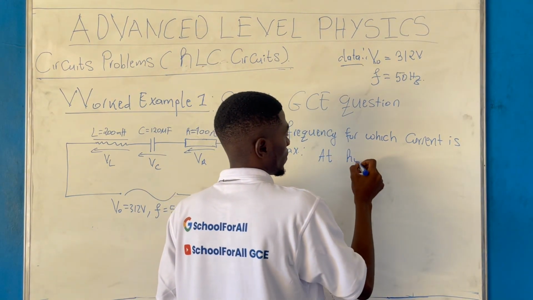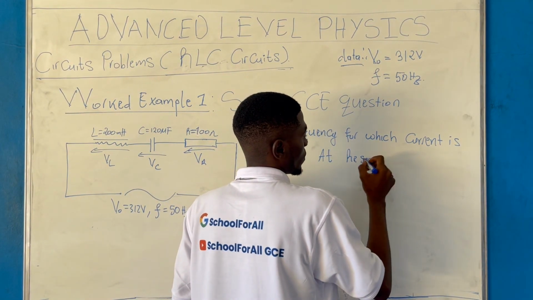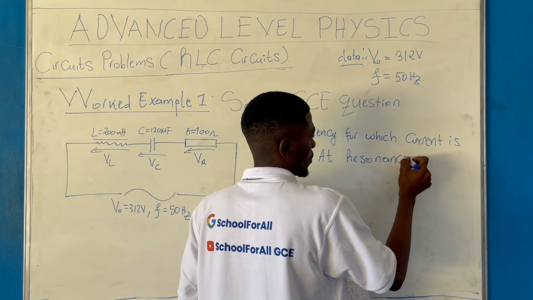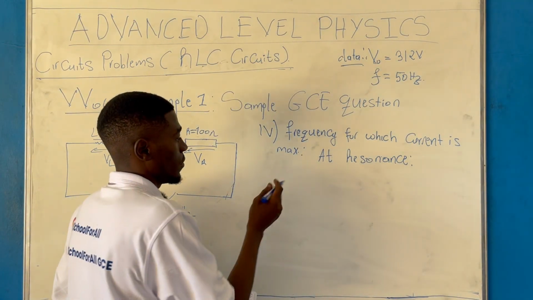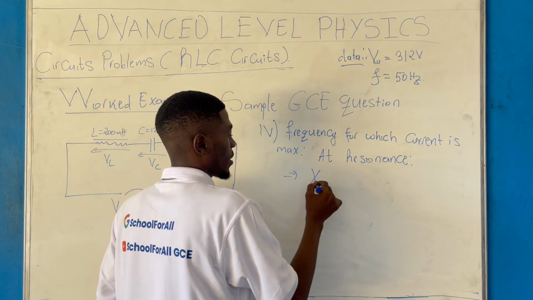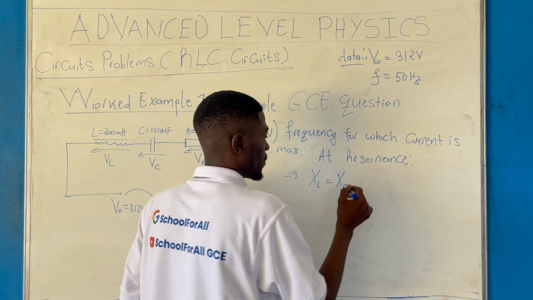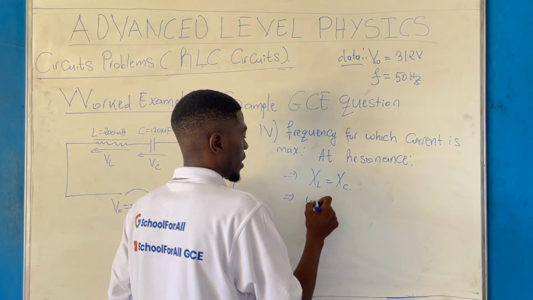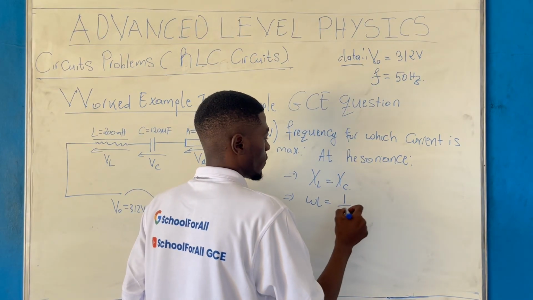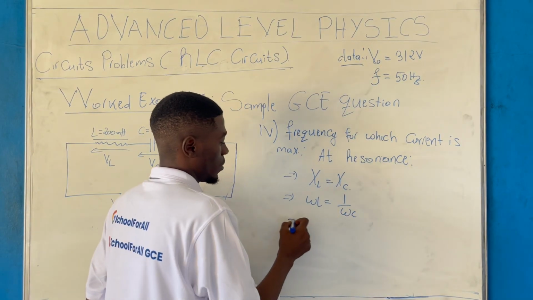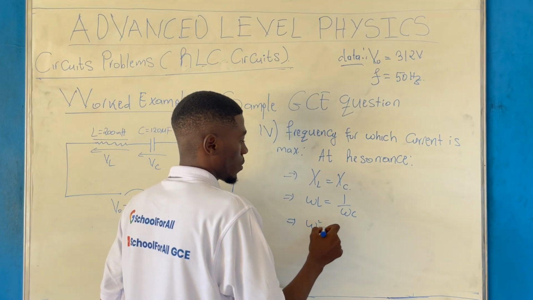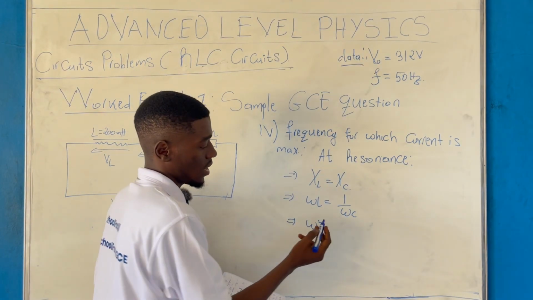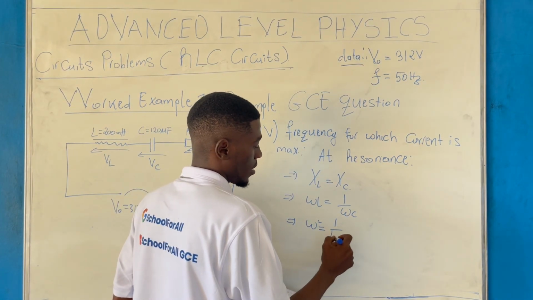So at resonance, we know that XL equals XC. As a result, we have omega L equals 1 over omega C, which implies omega squared equals 1 over LC.